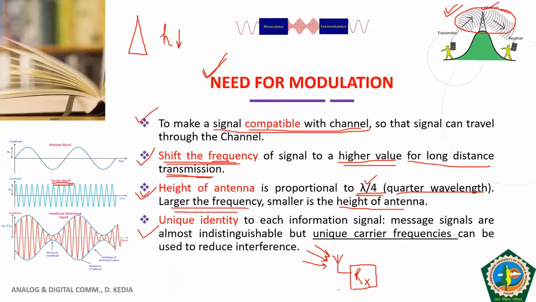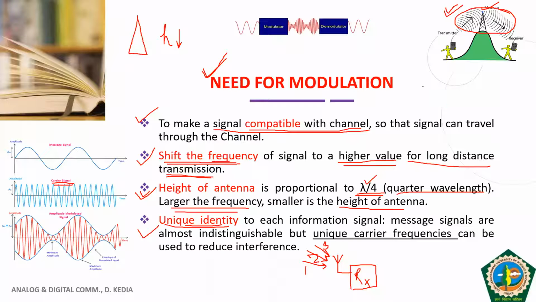So how does the receiver know that it has to receive the signal of user number 1, user number 2, or user number 3? Unless your receiver is able to distinguish between 1, 2, 3, the receiver will not be able to receive that particular signal. So that means there must be some unique identity for every signal which is transmitted in the space or in the channel.